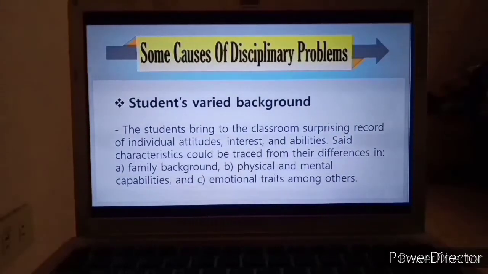Due to their differences, it really matters where they are from, their family background, and what attitudes and personalities they may acquire in their surroundings. So, this could be one of the reasons on assessing their behavior, how they discipline, how they behave, and what attitudes they may have.